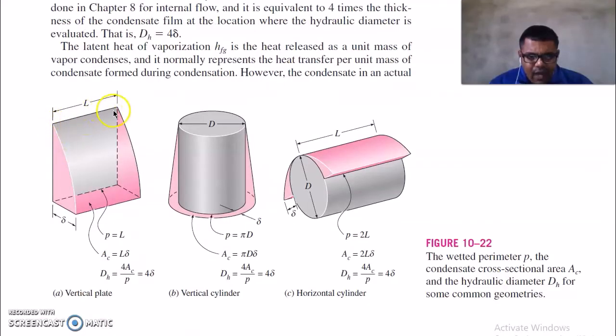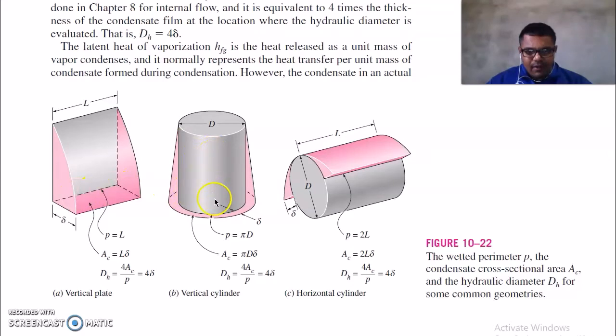In the case of a flat plate of length L, you can see here the perimeter will be L. The area of cross section is equal to this length times this film thickness, which is delta. So the cross section area is taken as this one and the perimeter as this one, which is analogous to the flow of liquid in a rectangular tube.